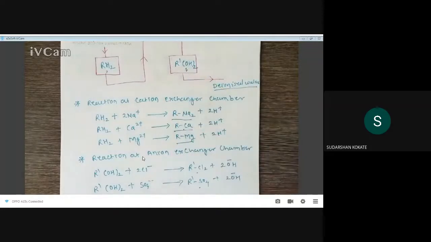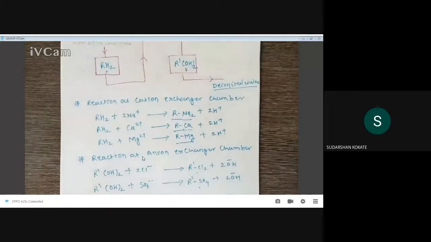Means finally your water has practically no ion, it is ion free water. So this is called as what? Deionized water, right?